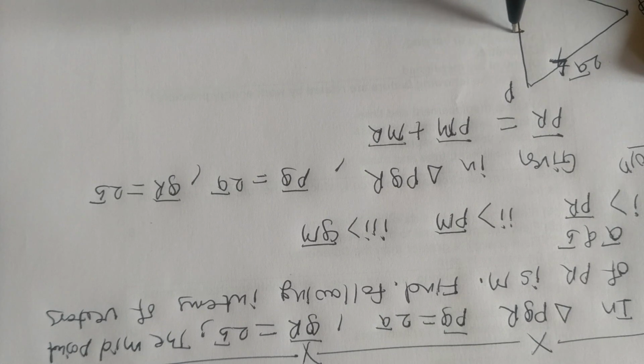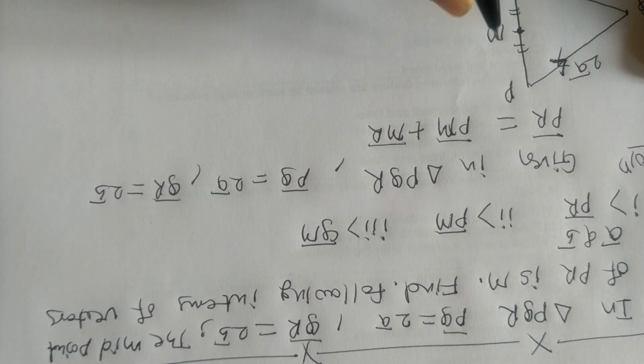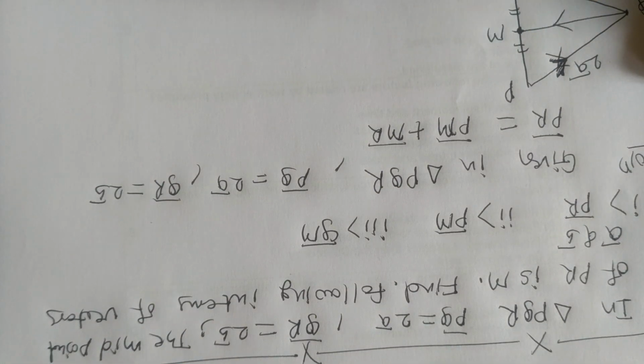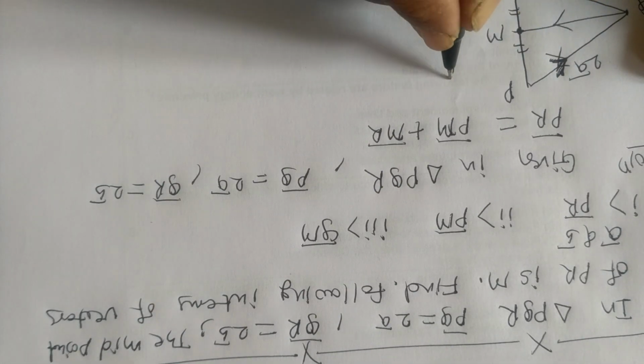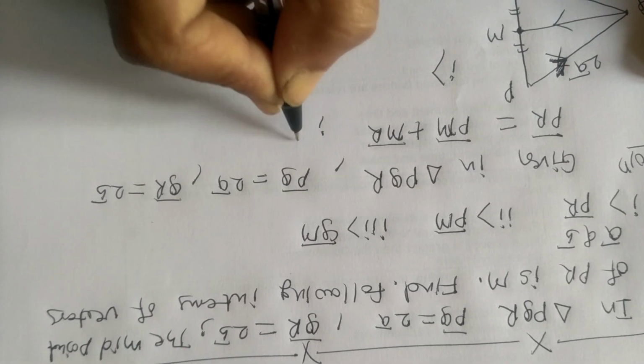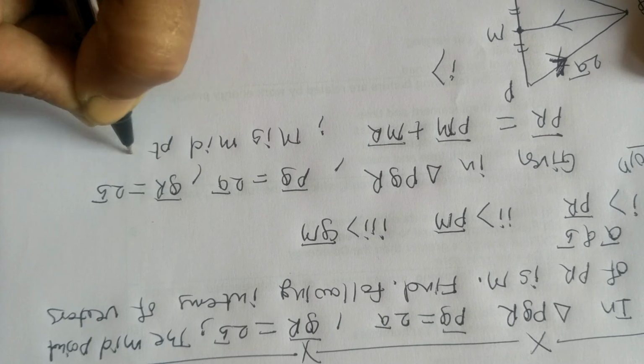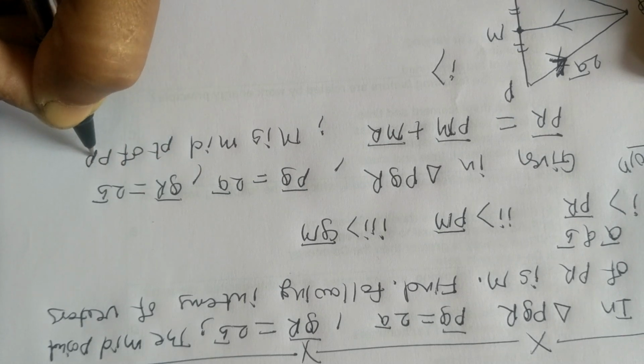For PR, M is the midpoint, so the two segments PM and MR have the same length. Suppose we join Q with M. Now for the first question, M is the midpoint of PR.